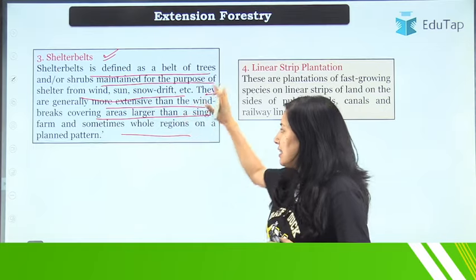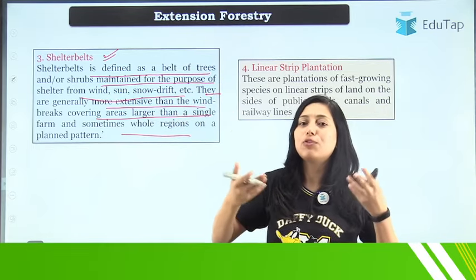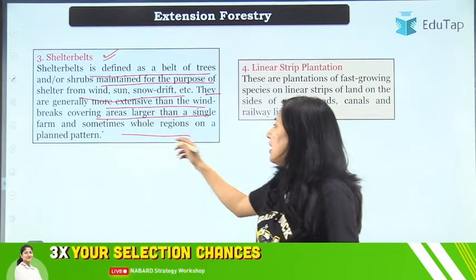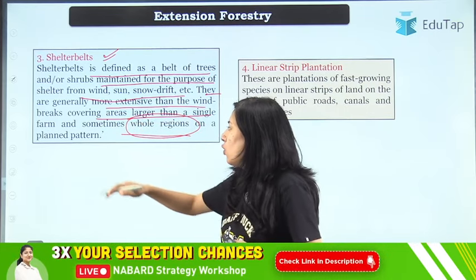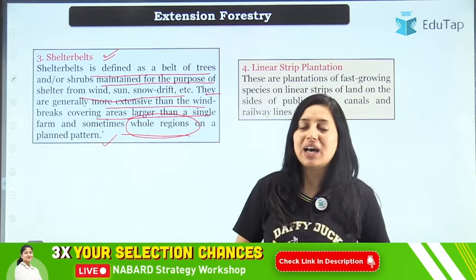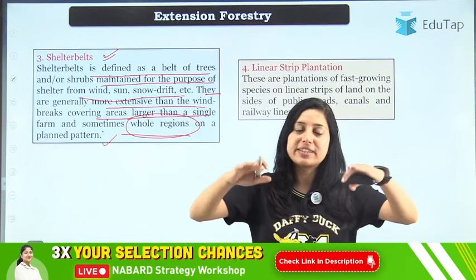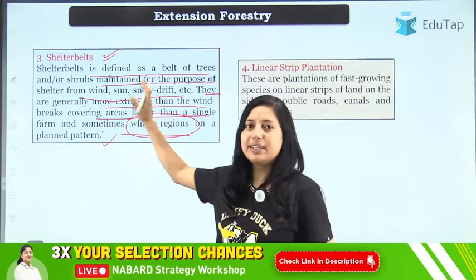Clear? As I have already told you, it is an extensive form of windbreak. Here we are sometimes protecting a whole region in a planned pattern. We have a large region where we need this shelter belt, and we protect all this region with the help of shelter belts. Clear?